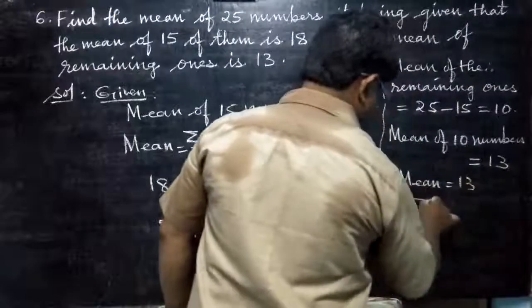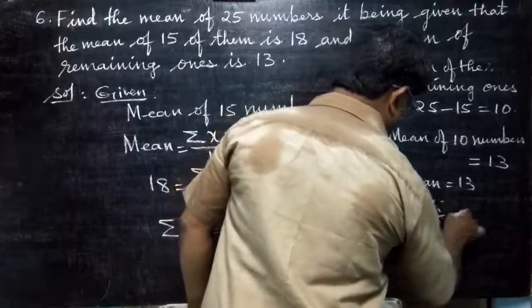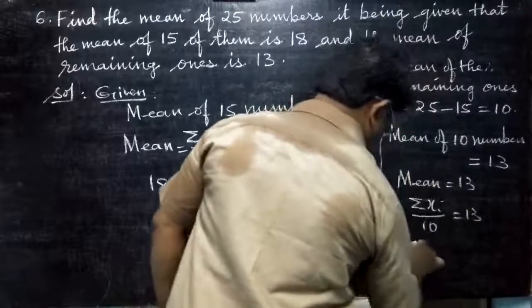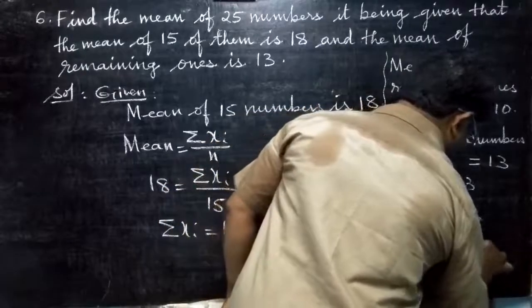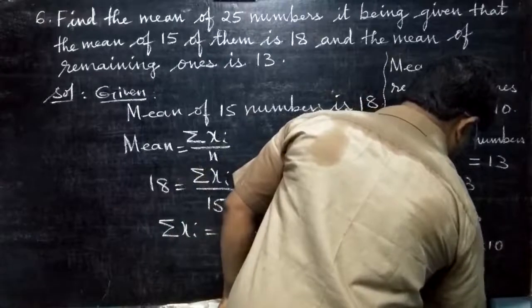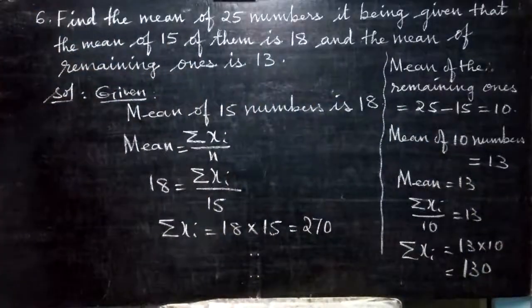The mean is sigma xi by 10 is equal to 13. So sigma xi is equal to 13 into 10, that is equal to 130.